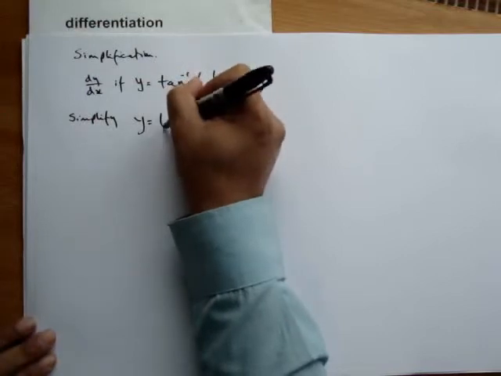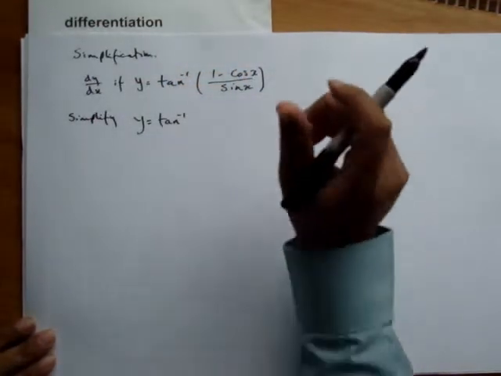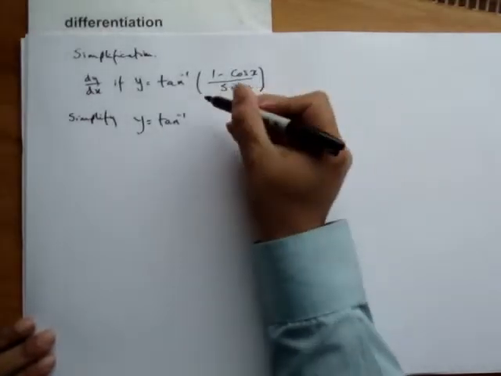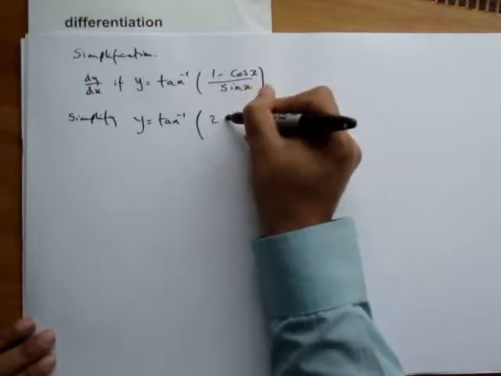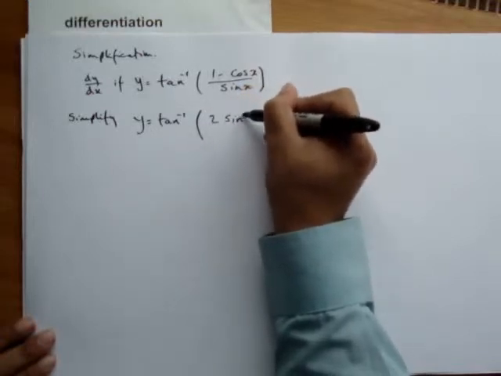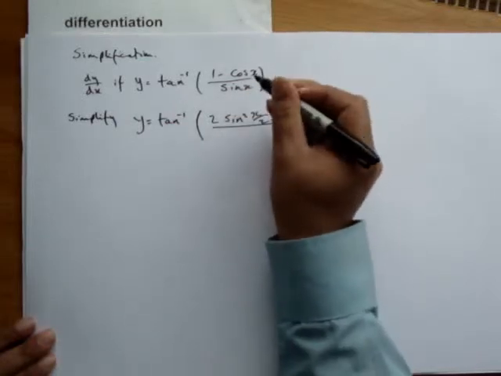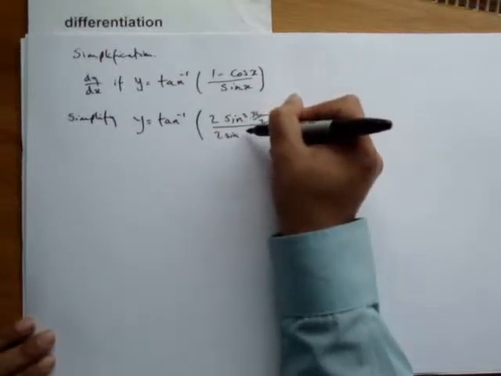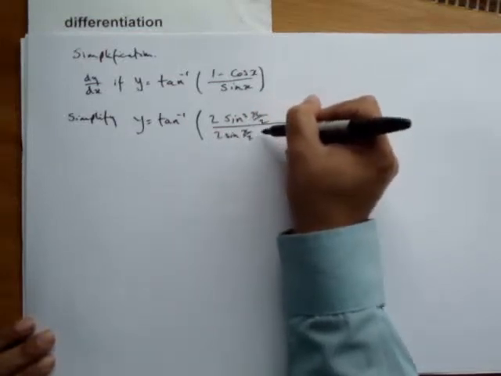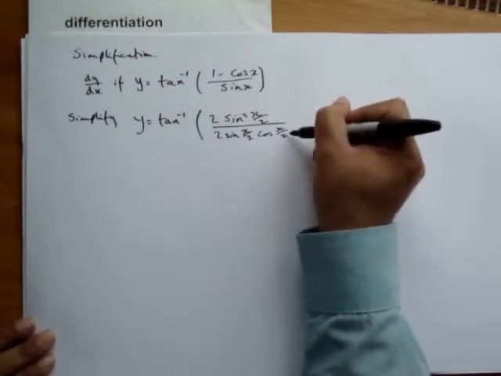y equals tan inverse. So 1 minus cos x becomes 2 sine squared x over 2, over 2 sine x over 2 cos x over 2.